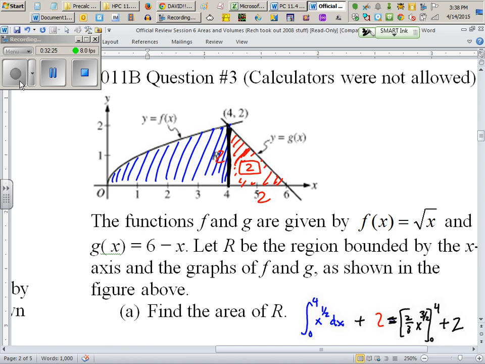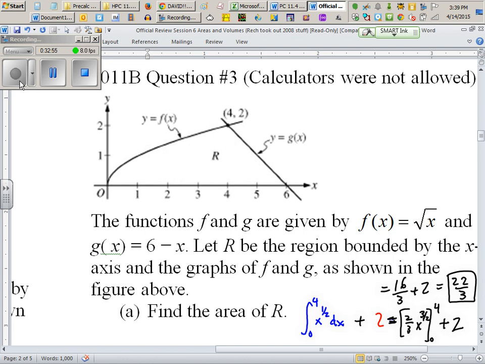Okay, so the antiderivative is 2/3 x to the 3/2. You're going to plug in 4. You're going to be square rooting the 4 and then cubing. So that's an 8. 8 times 2/3 is 16/3. Plugging in 0 is nothing. Basically, you end up with 16/3, and then you're adding 2. So 16/3 plus 2 is the answer. Or you could write 22/3. All right, let's take a look at our second part here.